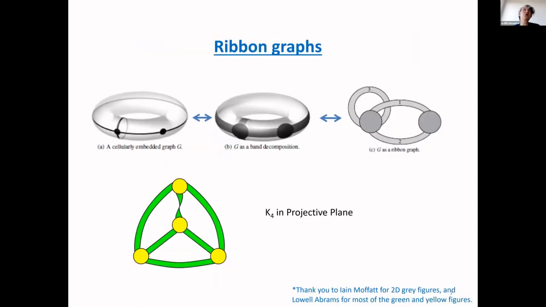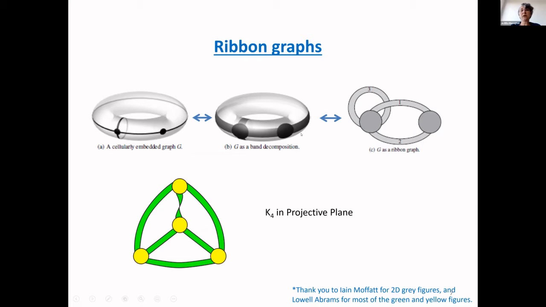It gets too hard to keep drawing the surfaces and the graphs on them. So there are other ways of encoding the information of a graph that's drawn on the surface. Here's one way. Here's a graph cellularly embedded on the surface.